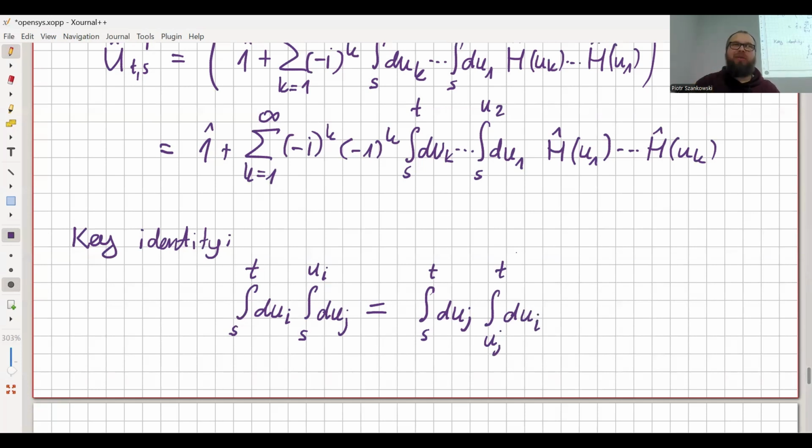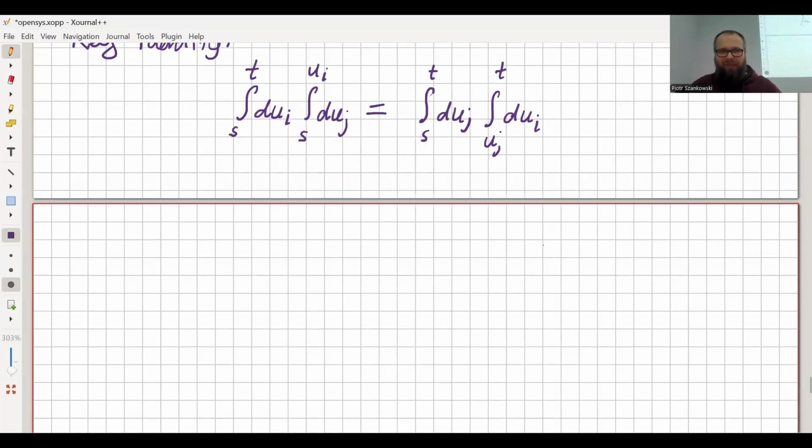Okay, how to see it? To see it, you just have to write down unordered integrals.